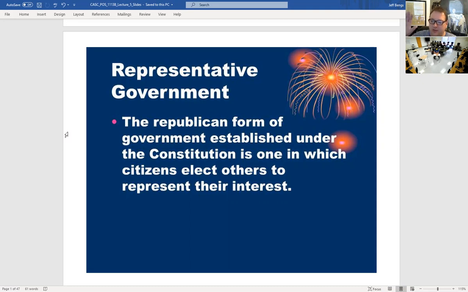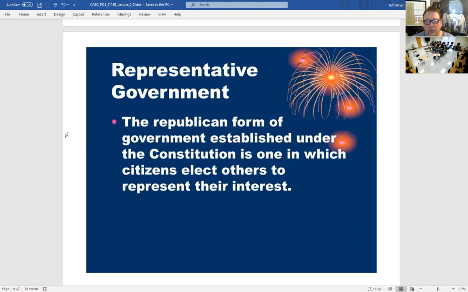Some powers are only reserved for the federal government. Some powers are only reserved for the state. And then they share some common powers, like taxation. And then ultimately, the federal Constitution is the supreme law of the land.